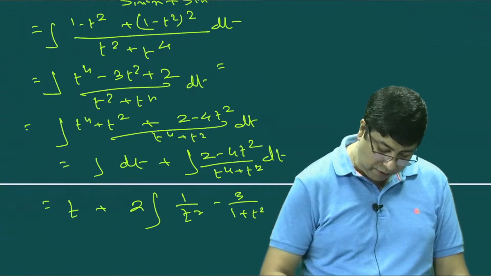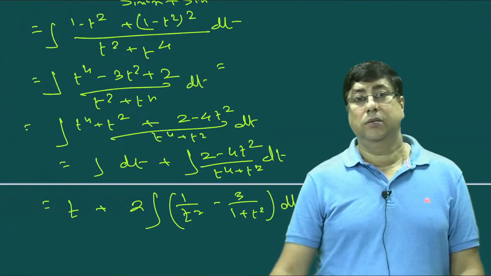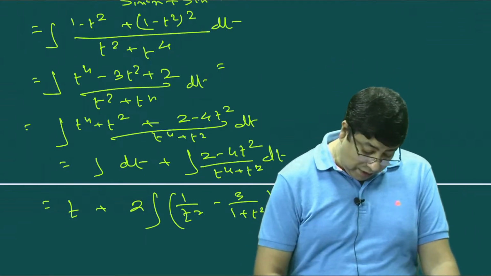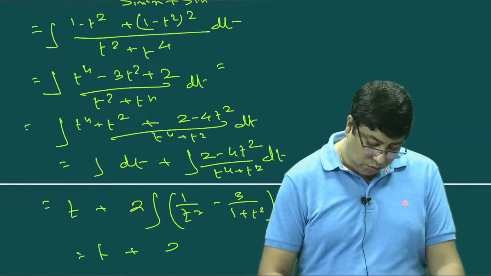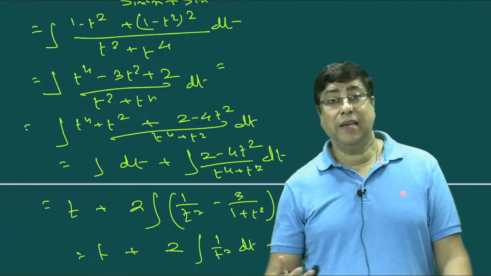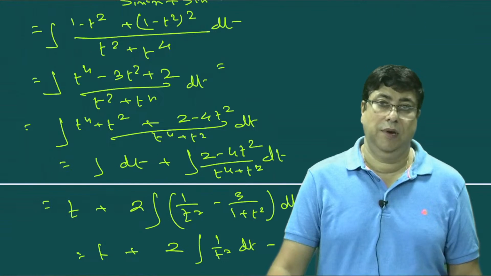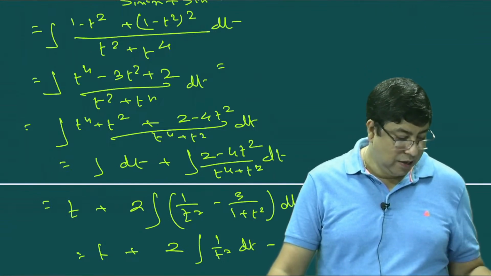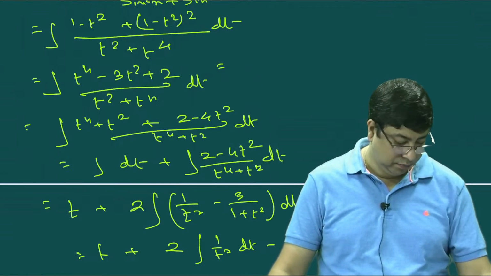Now we can calculate. The integration form is coming. So in this case, t plus 2, let us apply 1 by t square, t to the power minus 2, minus this, the direct formula once again, 1 by a tan inverse x by a formula. In this way you have to solve the sum. Will anyone say anything? Let us do the next sum.